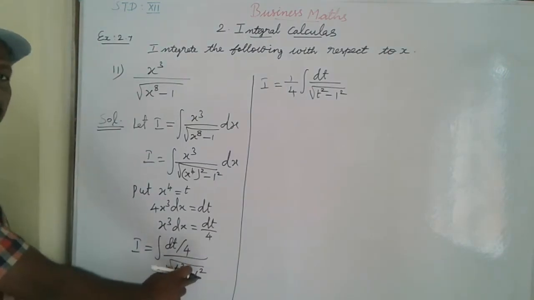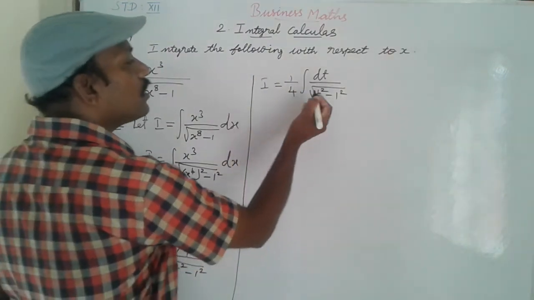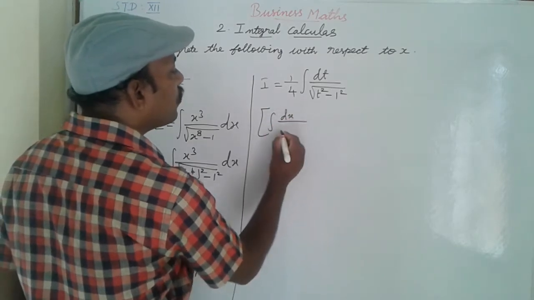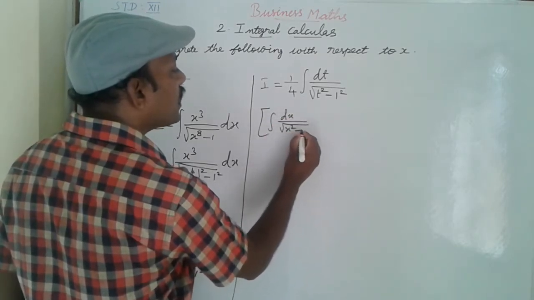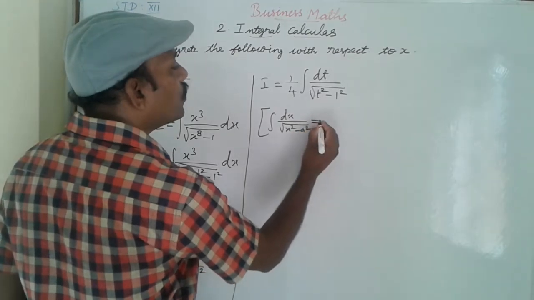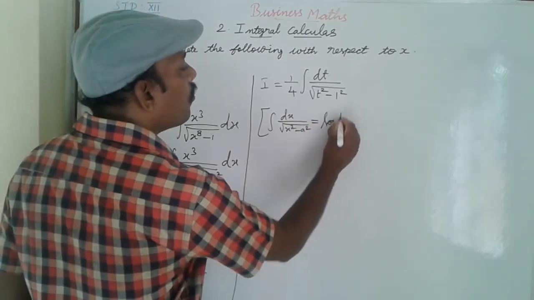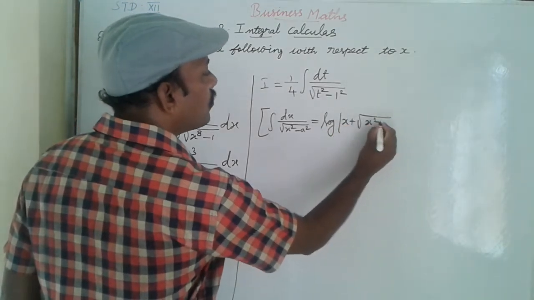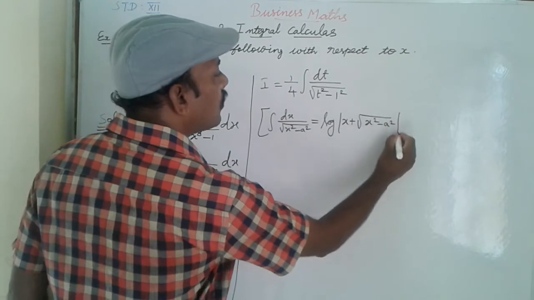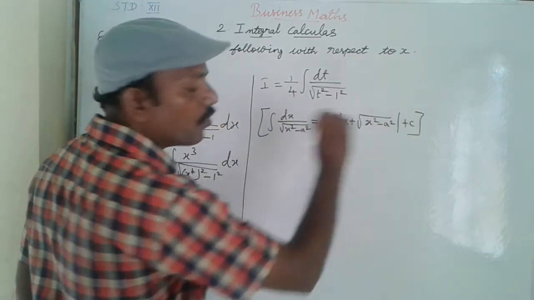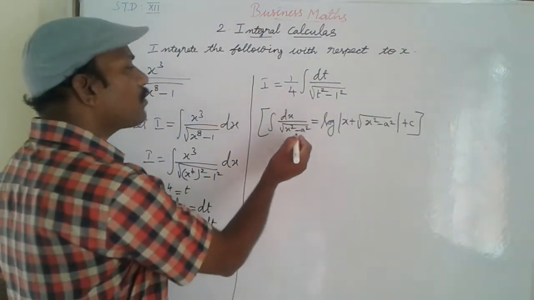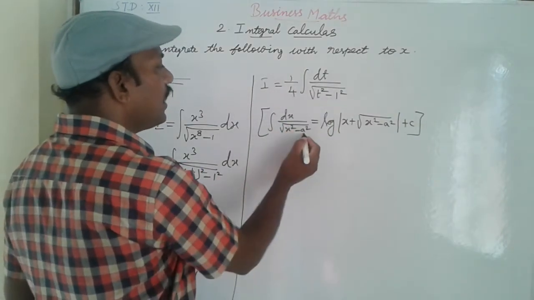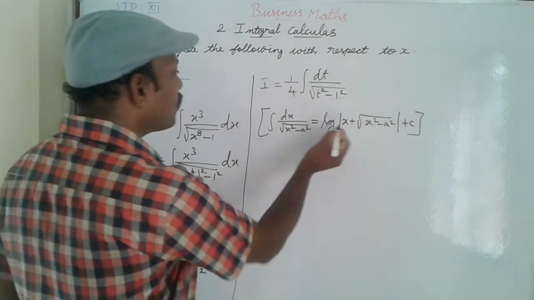We know the formula: integral dx divided by root of x square minus a square equal to log modulus of x plus root of x square minus a square plus c. So we should substitute this formula here. x is what? t. a is what? 1.